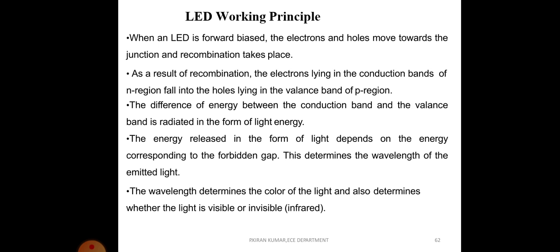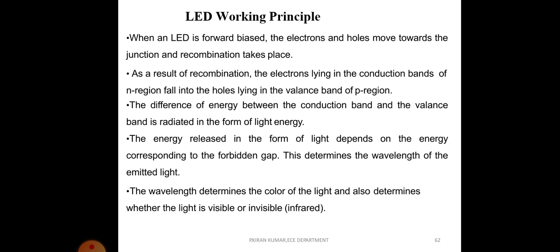That means when you apply forward bias to the LED, electrons are transmitted from the conduction band to the valence band.